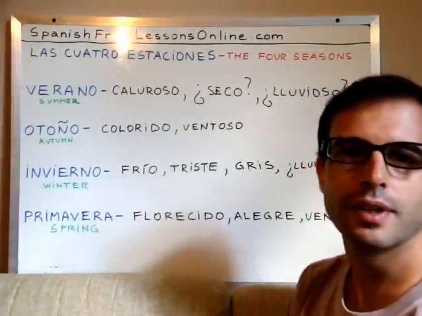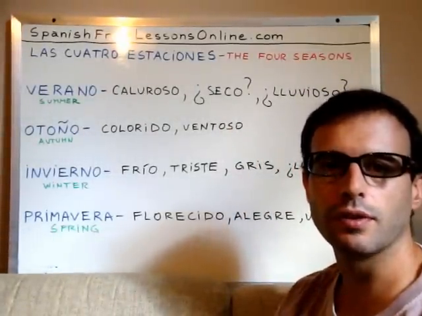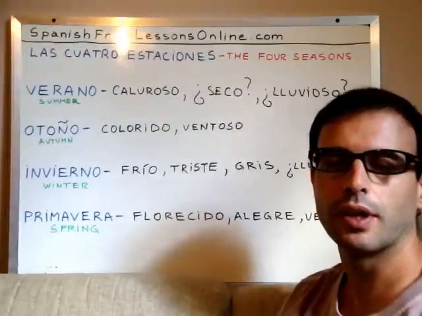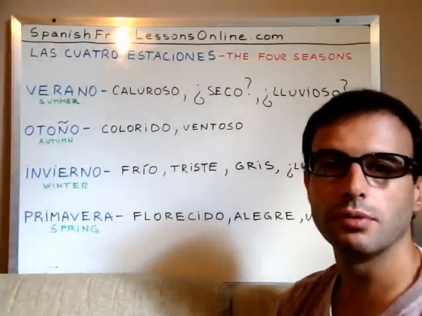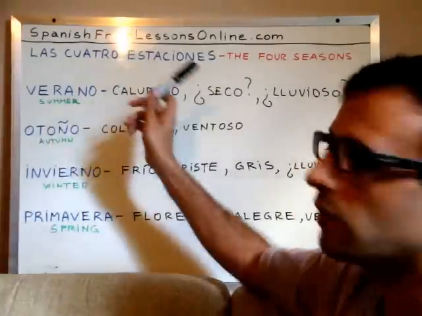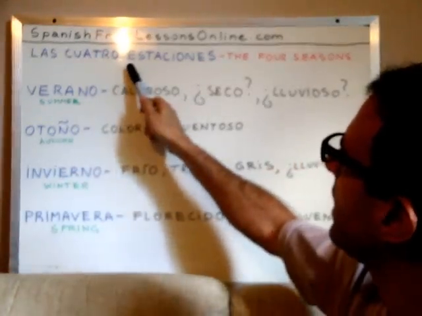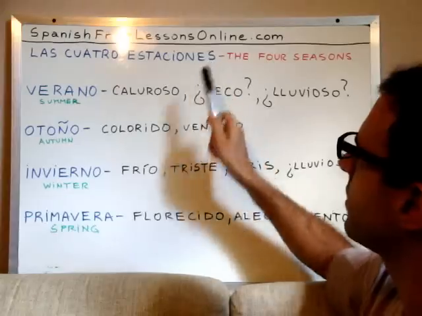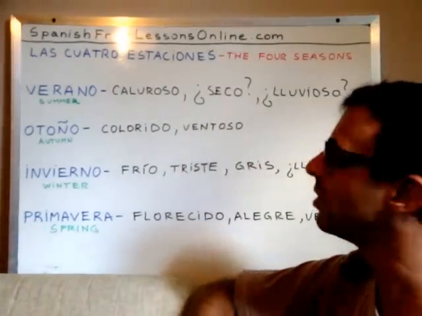Hi there. Today we will see the names of the 4 seasons in Spanish, and also some adjectives referring to each one of those 4 seasons. Seasons in Spanish is called estaciones. Estaciones, right? Estaciones is a plural word.